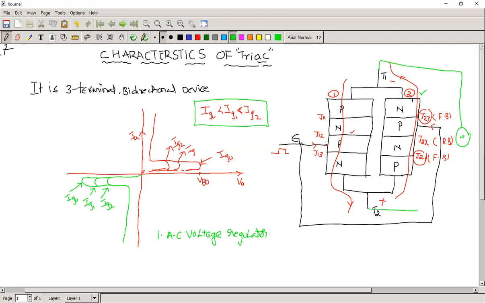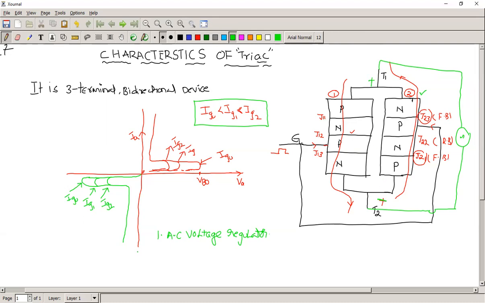During the positive cycle of the input voltage, the terminal T1 is positive, and the other terminal is negative.